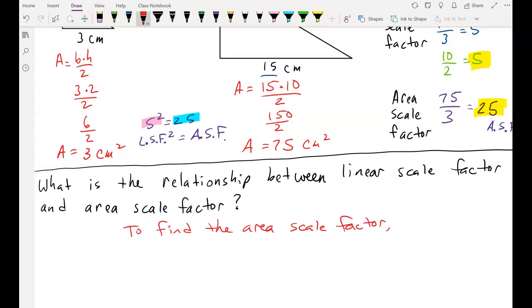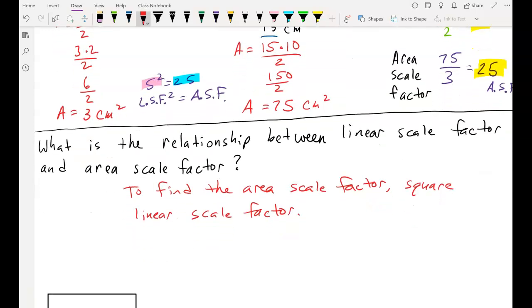So to find the area scale factor, you square the linear scale factor. Put simply, the linear scale factor, LSF, squared will equal the area scale factor.